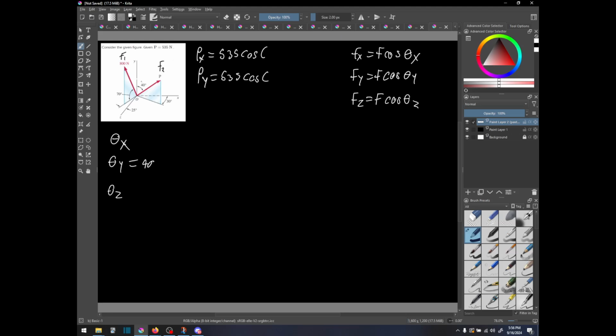It's from the vector y, which means from vector z, theta z has got to be equal to 90 minus 30, 60. Goodness me, 60. Theta x, I don't know how to get to theta x.